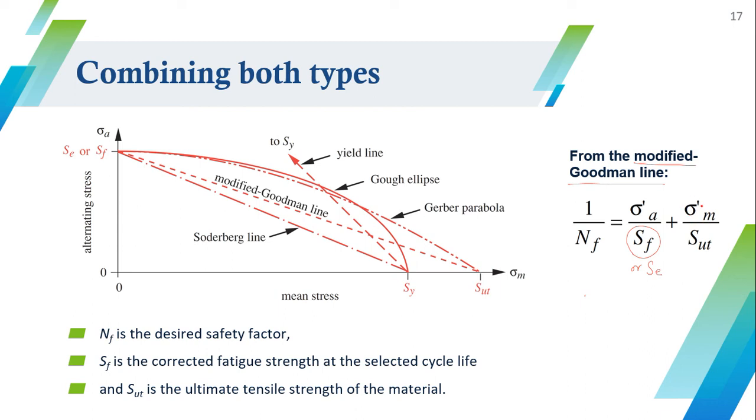Similarly, on the x-axis, the mean stress is normalized with respect to its maximum value, S ultimate, and generally it is equal to 1 for the equation of the line. But we have introduced a safety factor here, which is called NF. So we do 1 over NF. NF is the desired safety factor.